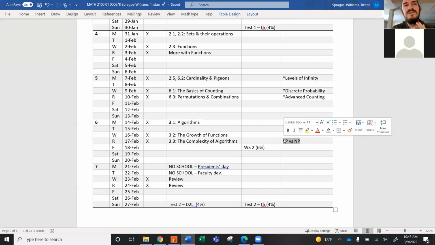That is a very crude explanation of that topic, but P and NP is a big open question. It's the sort of thing where if anybody ever solved the question of P versus NP, it has the potential to utterly break computer security and make all the computer security vulnerable.